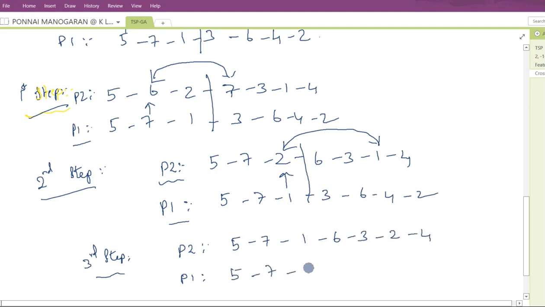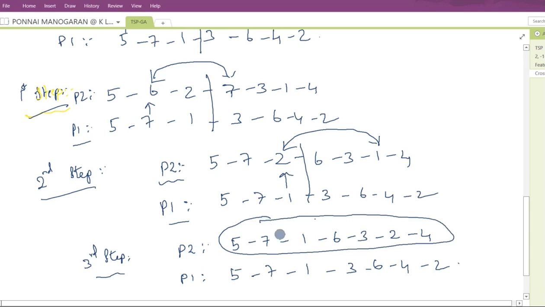Similarly you will get 5, 7, 1, 3, 6, 4, 2. So after transforming, we got the second child. You can see this: I transferred 5 7 1 to the above parent and you got the second child.